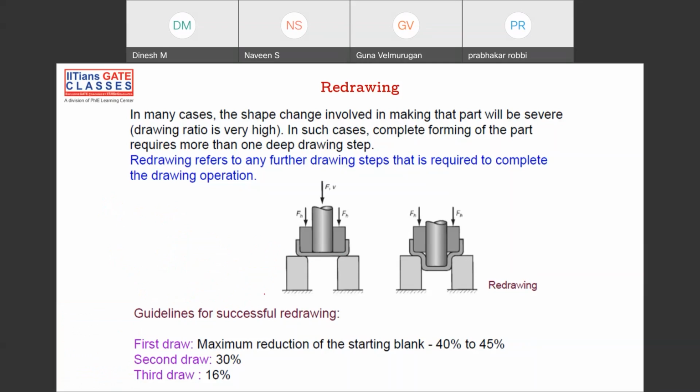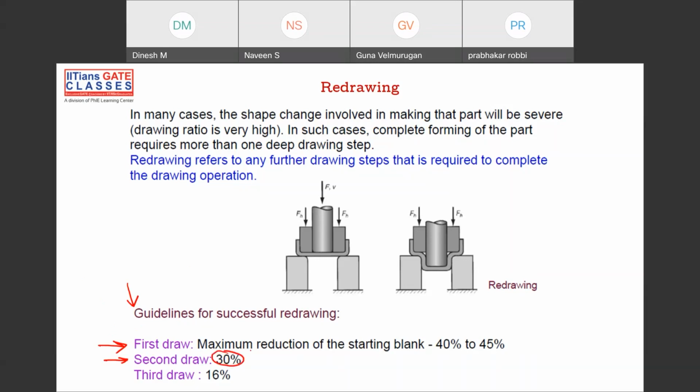Okay. So now, what are the guidelines that you have to follow for a successful redraw? Initially, start with some blank and reduce it by 40 to 45% in the first draw, and in the second draw you make it 30%.